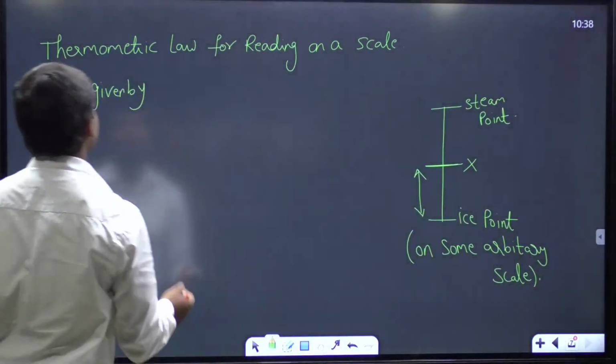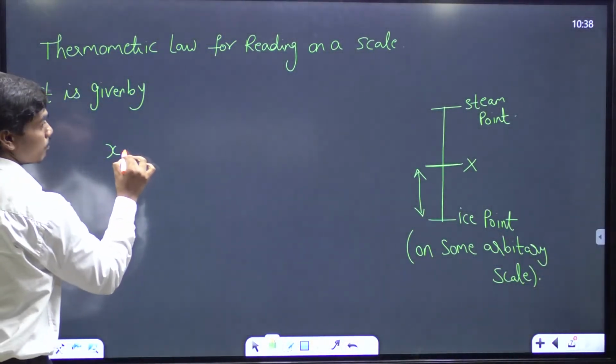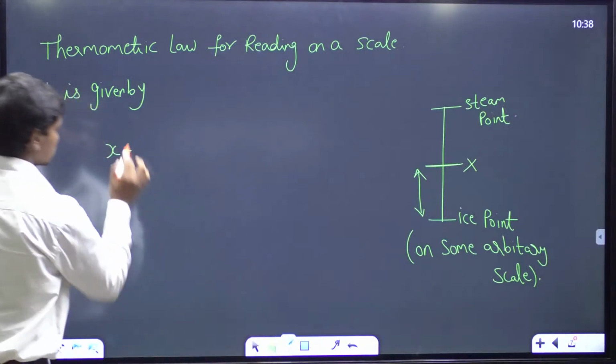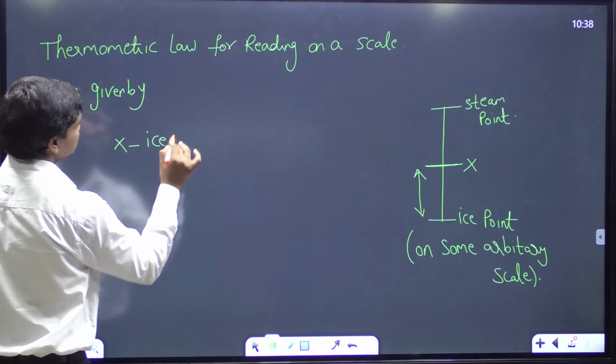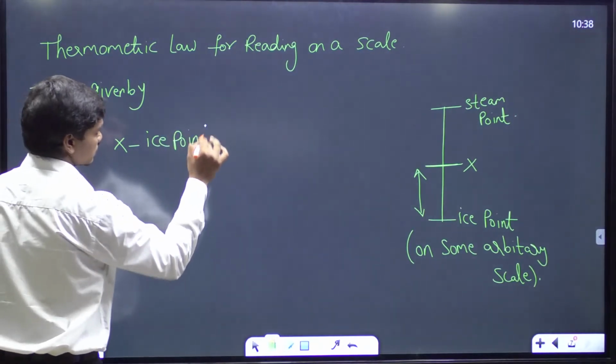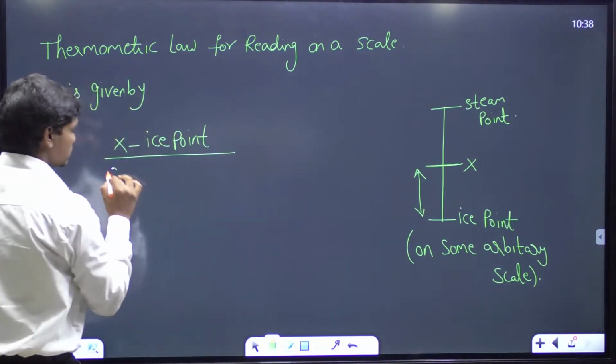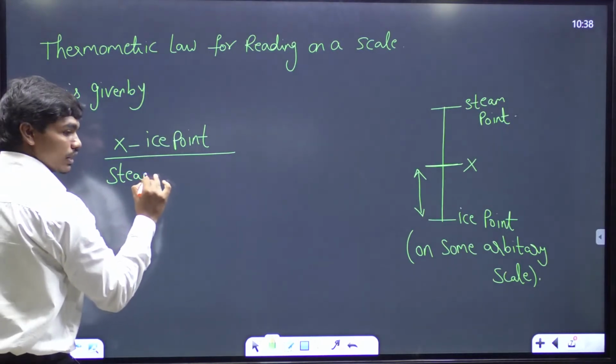So now if you see, it is given as X minus, okay, let me use capital since I used capital there, X minus ice point divided by steam point minus ice point.